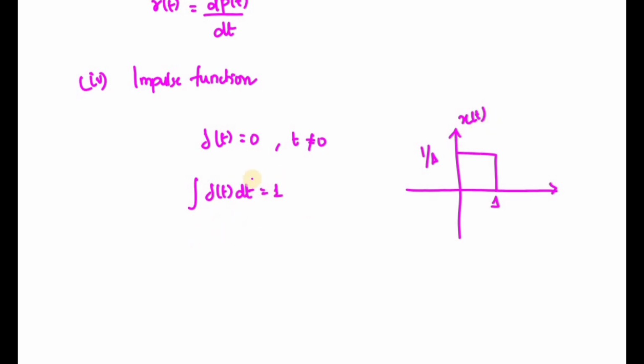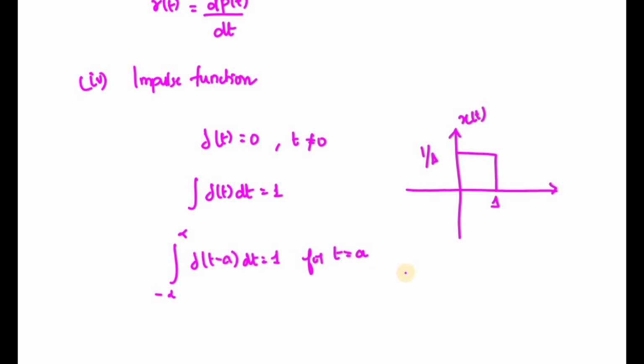Suppose you consider the integral of del of t minus a dt. You have to substitute so that it equals 0, so the t value is equal to a. Since I want del of 0, the argument must be 0.